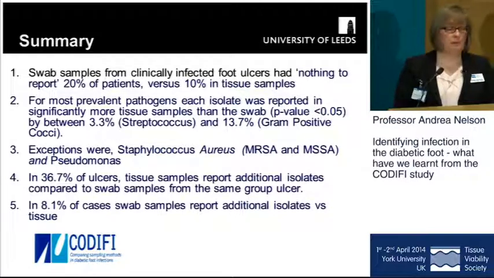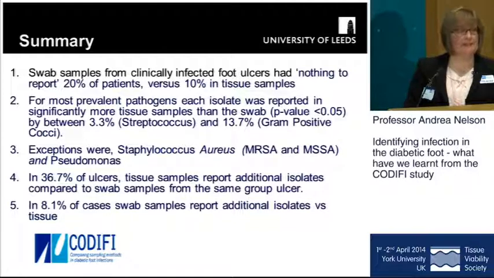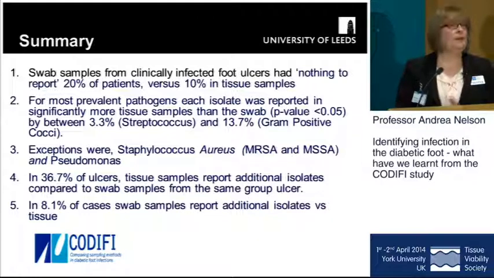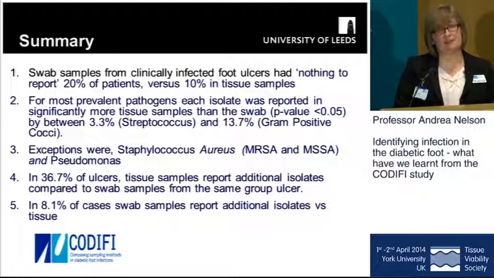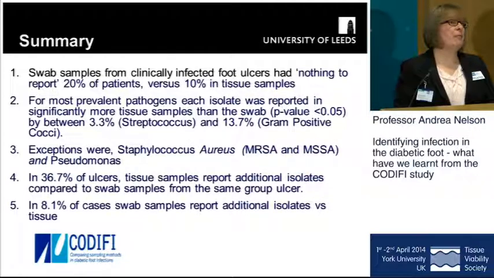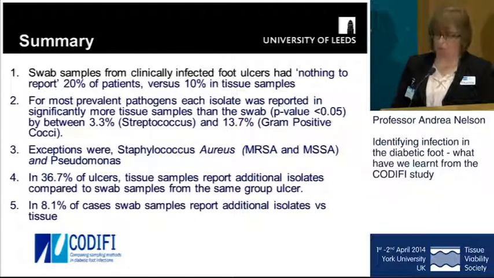For the most prevalent pathogens that we identified, isolates were reported in significantly more tissue samples than swabs. And the only 3 areas where there was an exception to this was in the identification and reporting of Methicillin-resistant Staph aureus, methicillin-sensitive Staph aureus, and Pseudomonas. For all other likely pathogens, they were more likely to be reported by tissue than by swab.